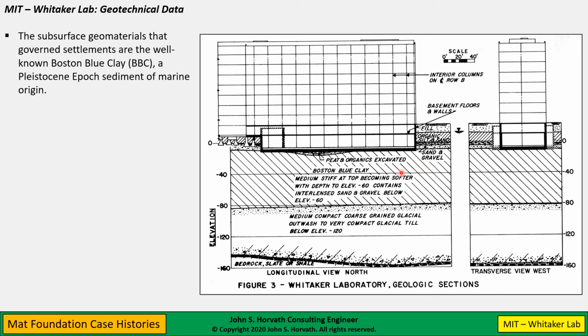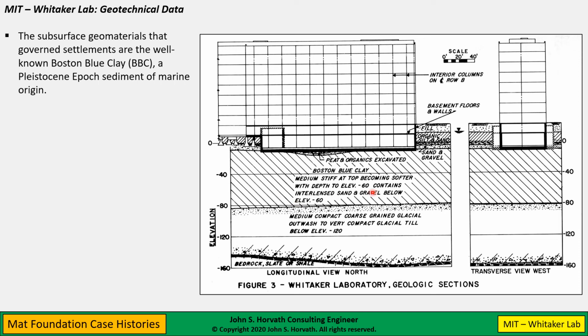So this was done intentionally so that the Boston blue clay would be loaded entirely within its reload range. Because the nature of the Boston blue clay, as a lot of these Pleistocene era sediments, has desiccation near the top, so it's very stiff and heavily over-consolidated near the top, but then trends to normally consolidated with depth.